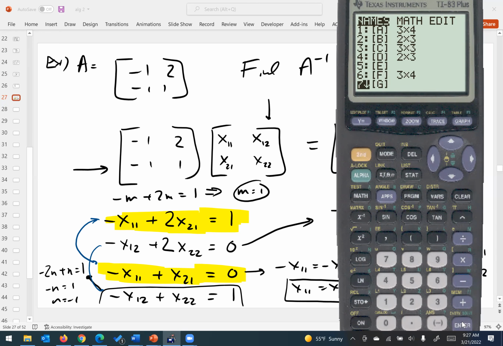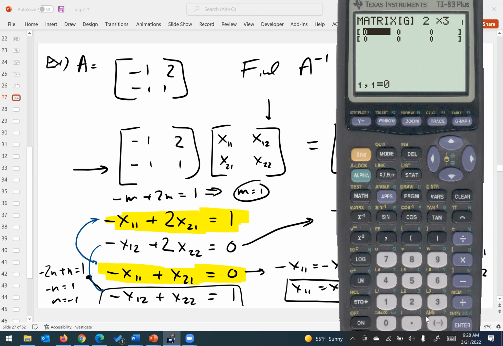Mine's going to be matrix G. I'm going to edit matrix G right here. That's for me; you guys could use C, or just do B again. And mine's going to be a 2 by 3 matrix. Everybody good there?